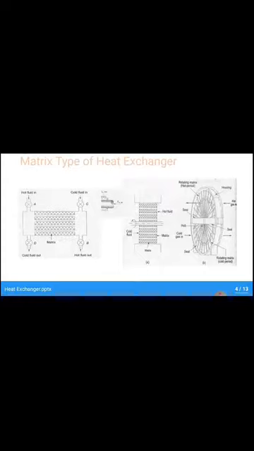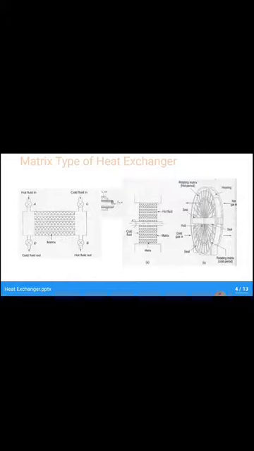For successive time periods, we flow hot fluid inside the heat exchanger and then cold fluid. While flowing through the matrix, the matrix becomes cooler and the cold fluid becomes hotter. So the heat exchange happens in this heat exchanger.